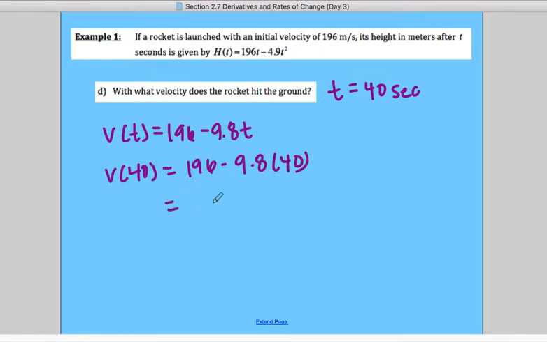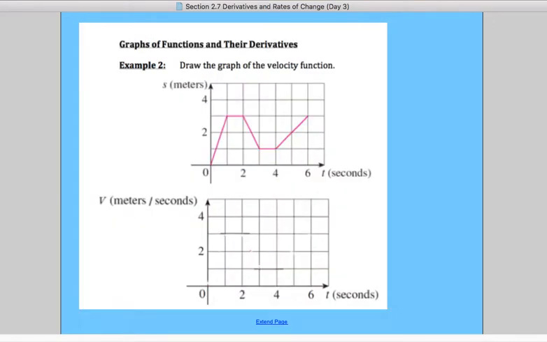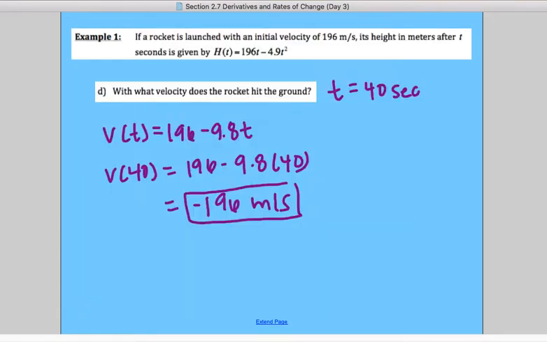And if I type all of that in, I will get negative 196 would be my answer. And this would mean meters per second. And it is okay to have a negative velocity. All it is telling us is the direction, which makes sense because I'm on my way down, so my velocity should be negative. Okay, so it's telling me we're moving downward. That is part D. Okay, so that is our first example.